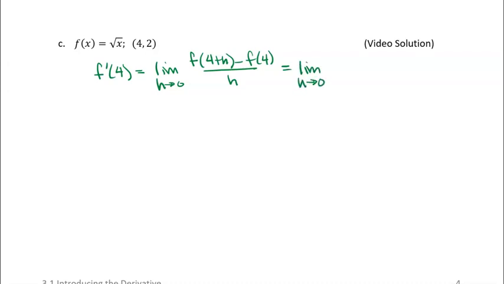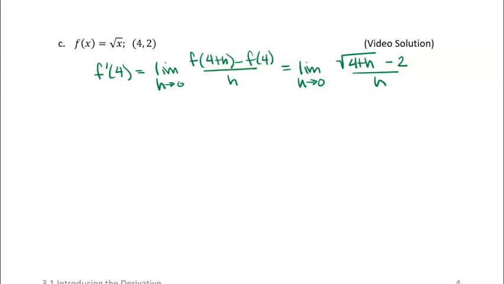I have to remember to carry that along. And so now I'm just going to write out what is f of x, f of 4 plus h. I'm just going to substitute 4 plus h in for x. So I get the square root of 4 plus h, okay? And then minus f of 4. Now f of 4 is just the square root of 4, which is 2. And then h is h.